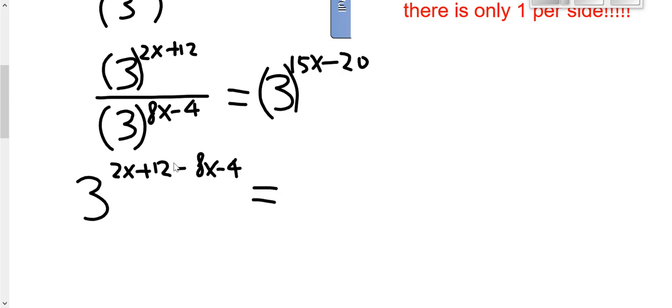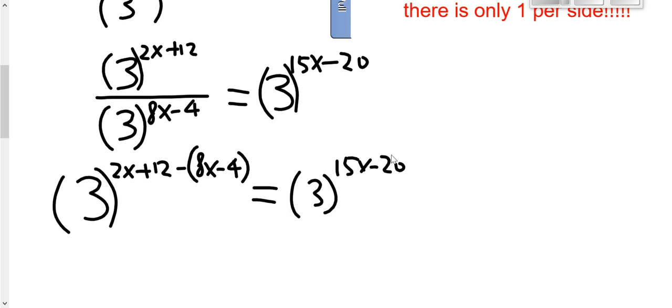Remember what I said before? Minus is nasty, so this minus applies to the whole thing, not just the 8x. So make sure you put the brackets around like this. And then right hand side, there's nothing we can really do, so we leave that as is.